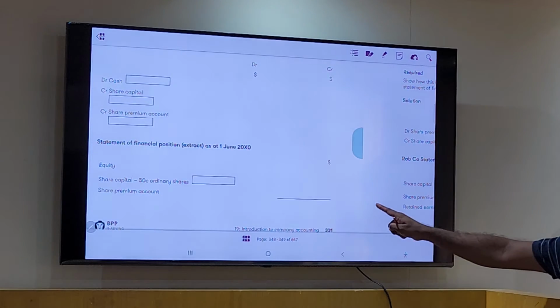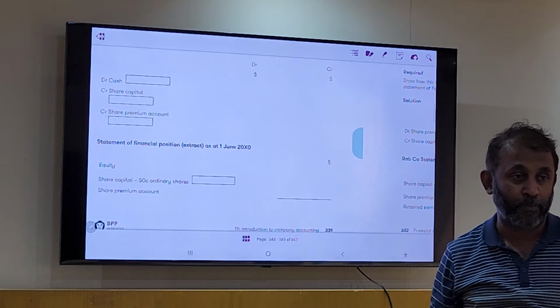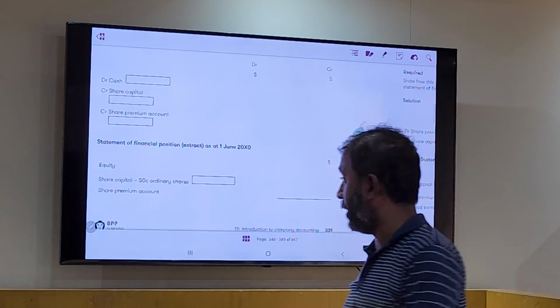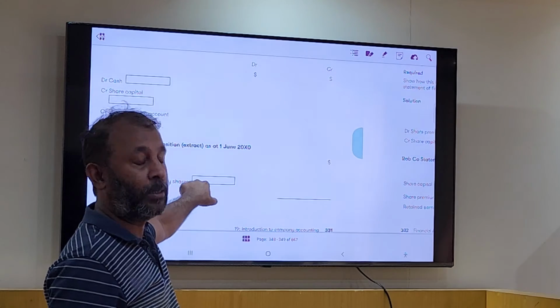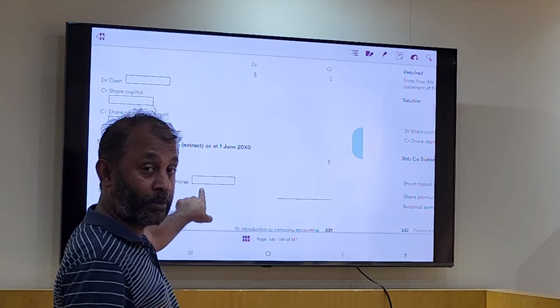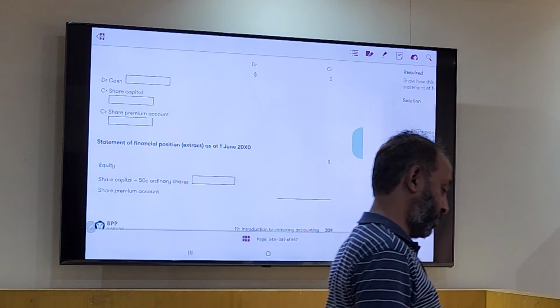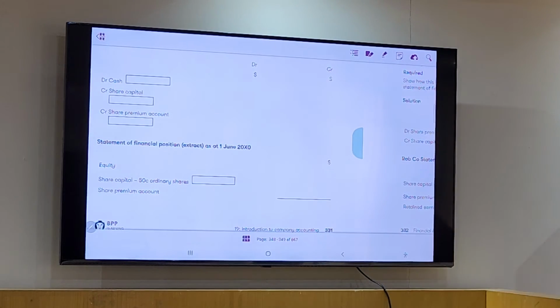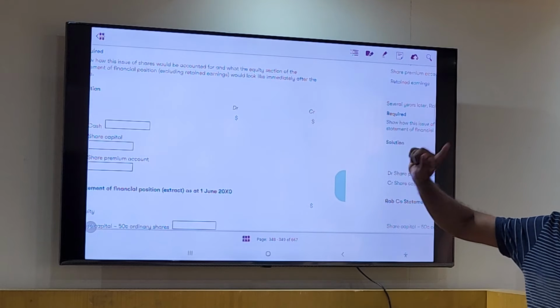Now, this is the equity part of the balance sheet. How much will you write here? 100,000. And then share premium? 60,000. So the total of these two? 160,000. That's a double entry.